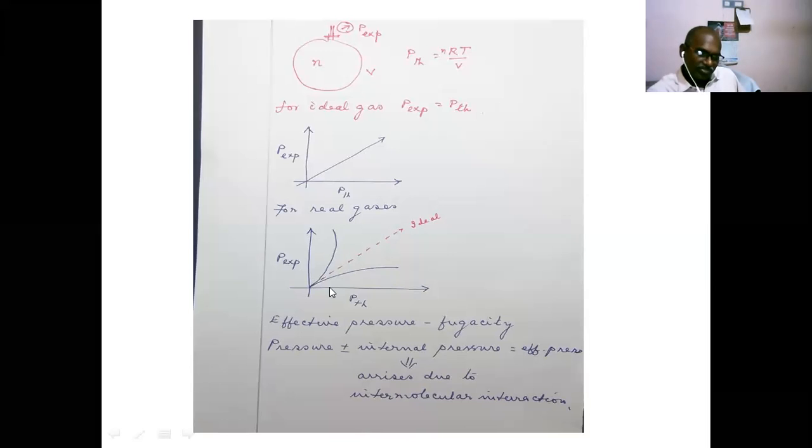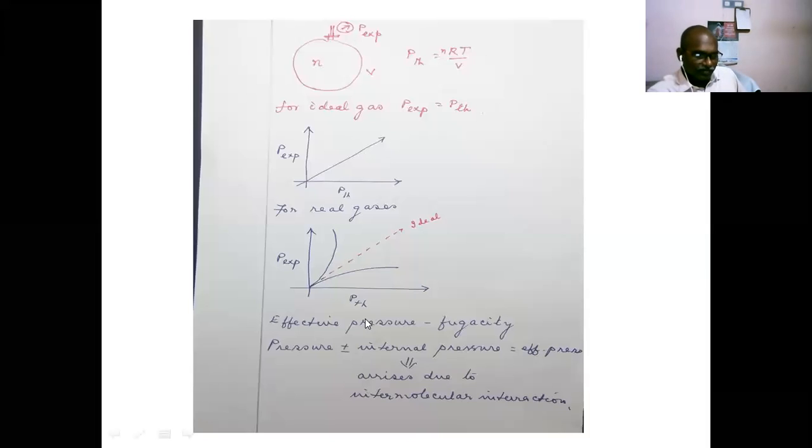This is because of the intermolecular forces. That is why the effective pressure of a real gas is called a fugacity. Pressure plus or minus internal pressure is equal to effective pressure. So this internal pressure arises due to intermolecular interaction.